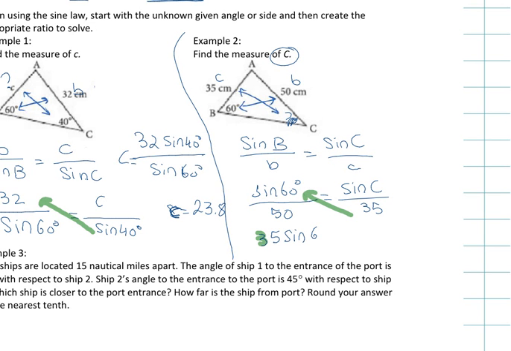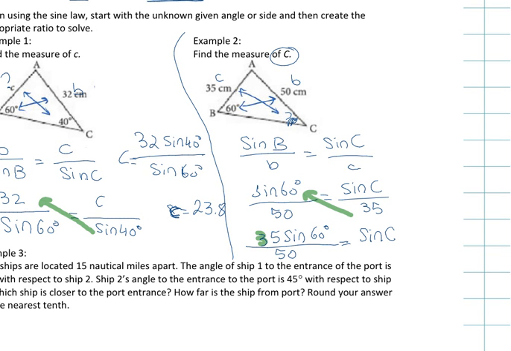So enter that in the calculator, 35 times sine 60, and then divide by 50 and tell me what you guys are going to get. You get 0.6062?